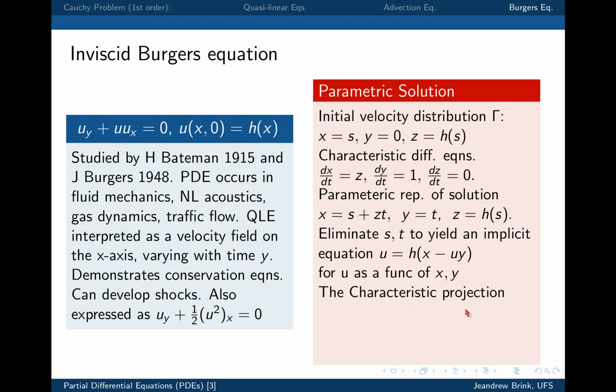Remember when we were doing the linear equations, the characteristic projection was easy. It followed straight from the actual coefficients in front of your partial differential equation. Here, you actually have to work out the characteristic projection using these equations, where z changes for every single problem.